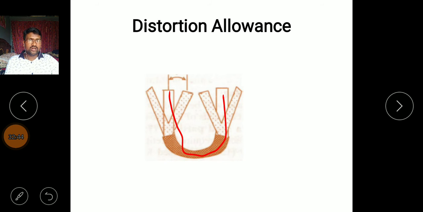If the shape of the object will go outward, we have to provide an inward allowance. That means we have to prepare the pattern inward, so that it will come to the actual shape. That is about the distortion allowances.